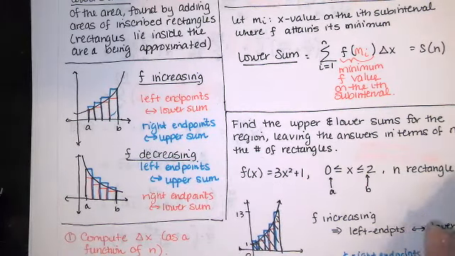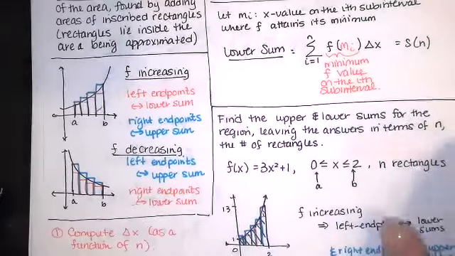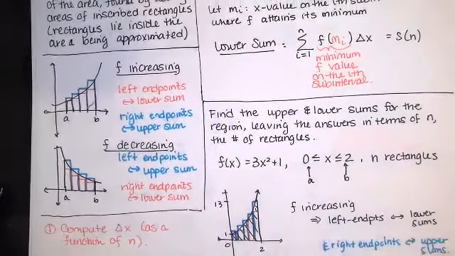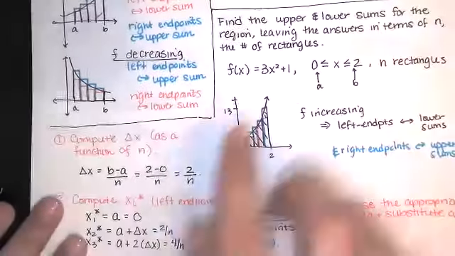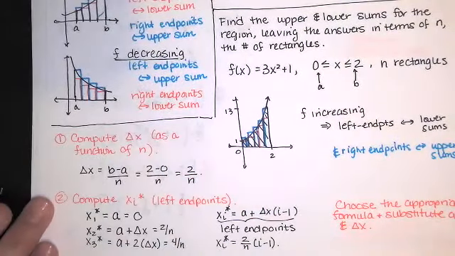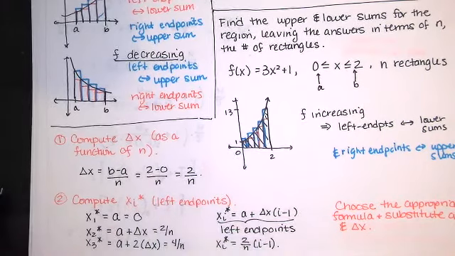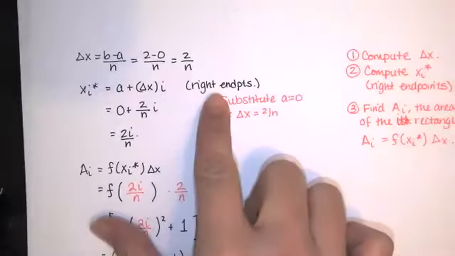But in practice, what we do at this point, if we want upper and lower sums, is we find these areas, the same areas that we were calculating before with n equals 4, but we find them in general. So we compute delta x as a function of n. Then we compute the left endpoints using a formula. I'll give that to you. Or we compute the right endpoints using a formula.